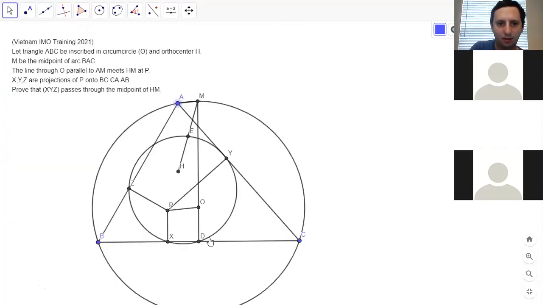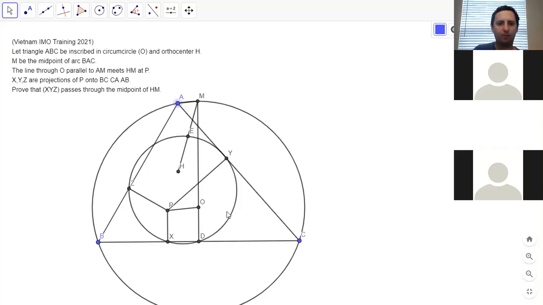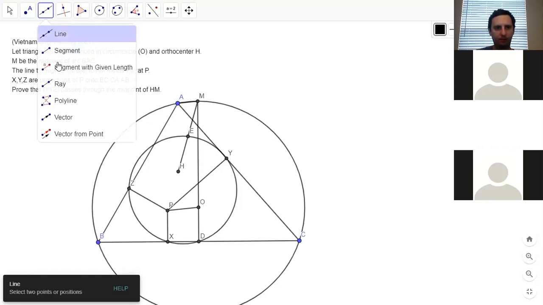So in other words, P prime must lie on DM. Yeah, that's true. Hey, Sardar, thanks for joining. So yeah, basically we want to show, let's draw the isogonal conjugate of P.